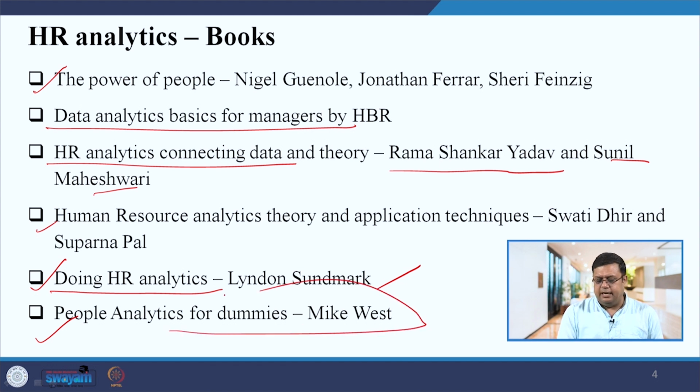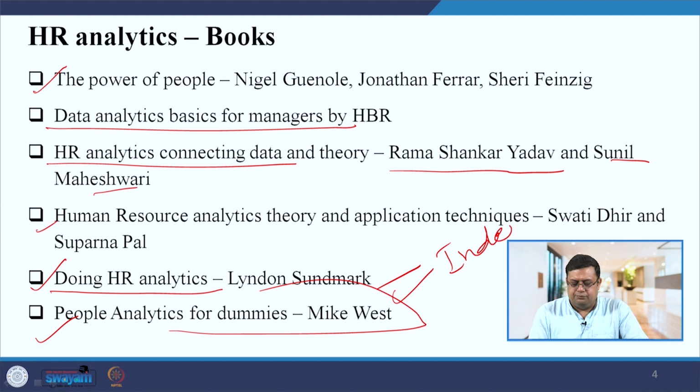I like this book for developing indexes related to role clarity, engagement, and satisfaction. Such indexes are developed in this book in a very good manner. If you want to understand how to develop an index related to engagement, ability, motivation, role clarity, and satisfaction, such indexes are developed very well in this book.